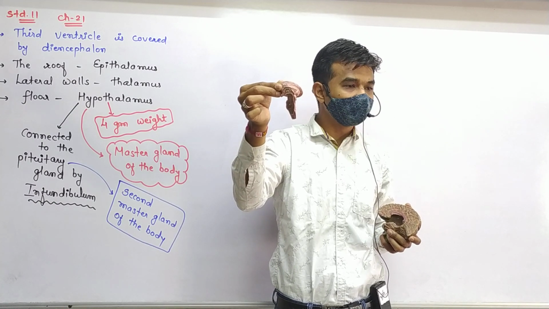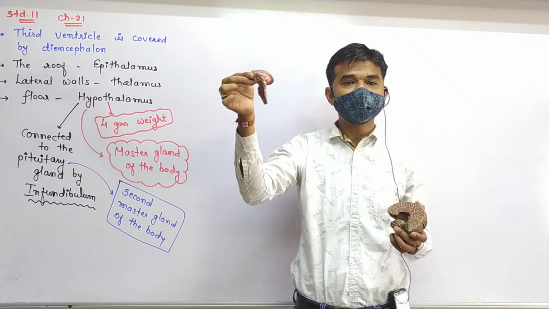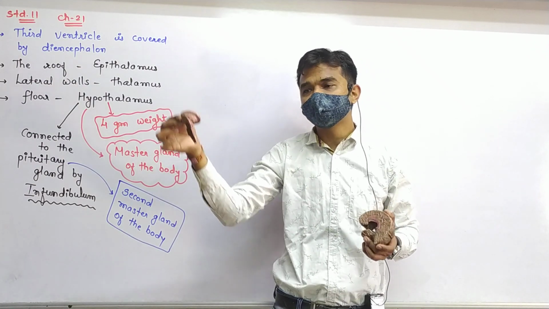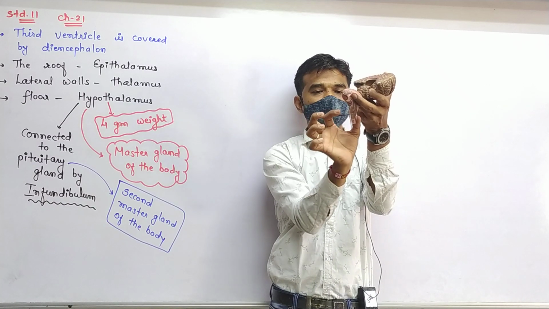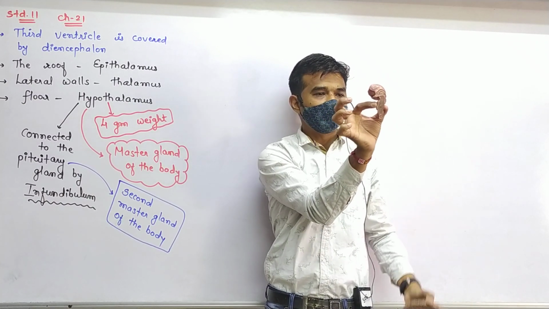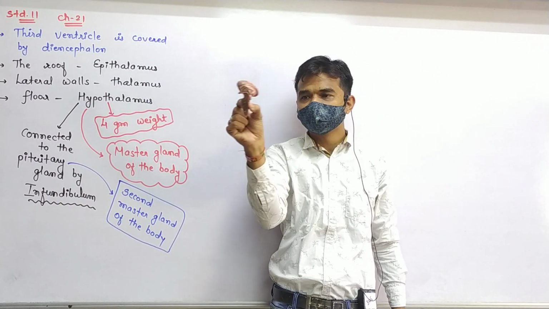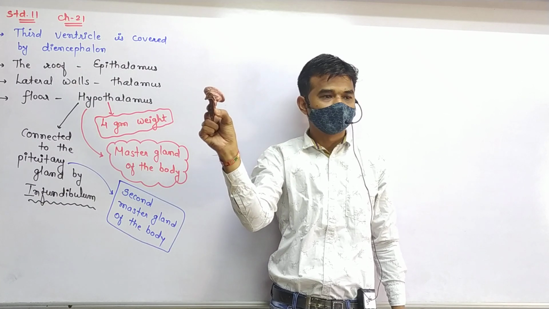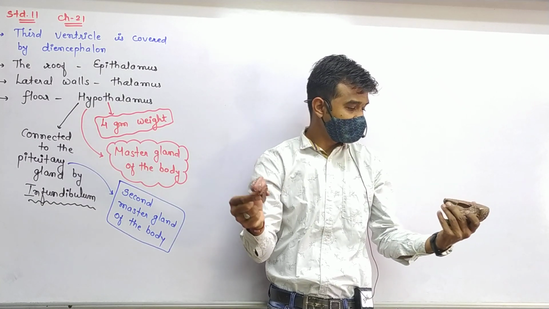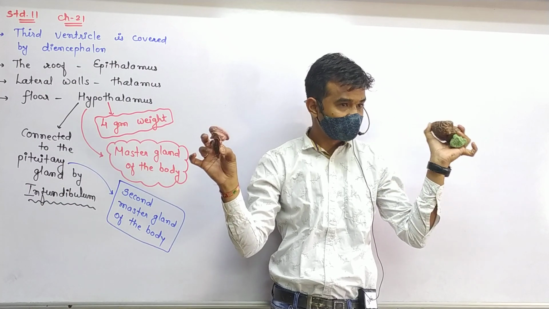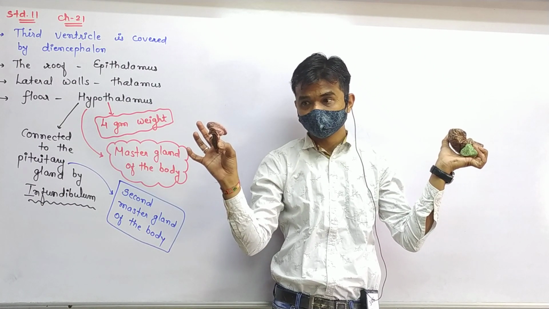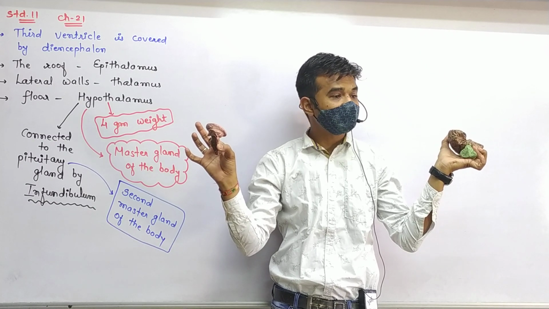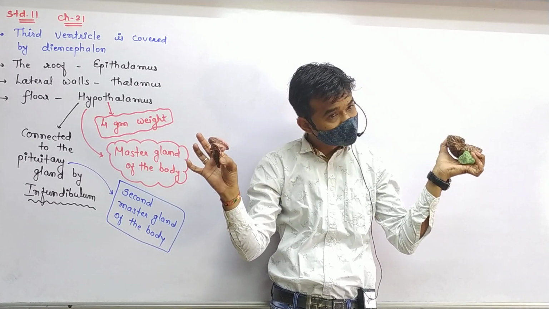The brain stem is formed by three structures. Midbrain. Can you see this swollen portion? This is the pons. Here the different colors are given, but in the brain we don't have different colors. In the brain each and every part is greyish in color.